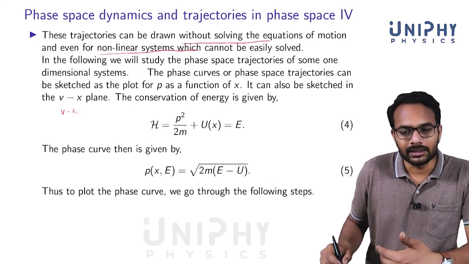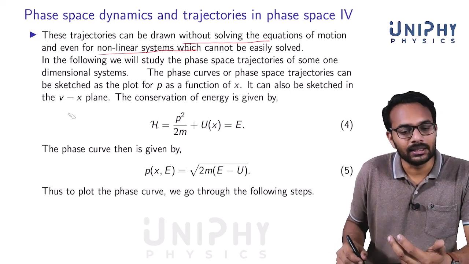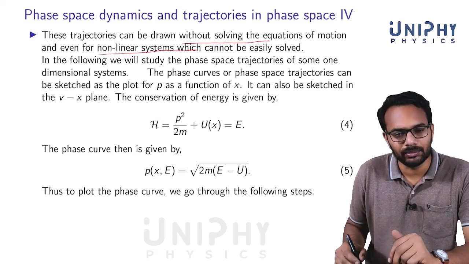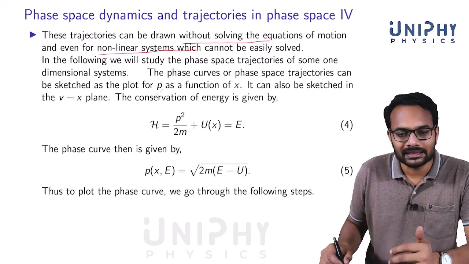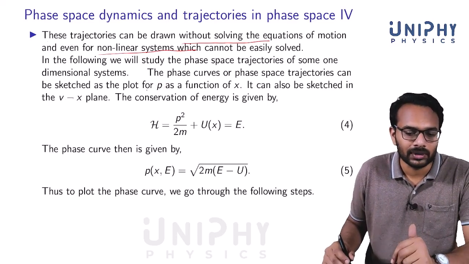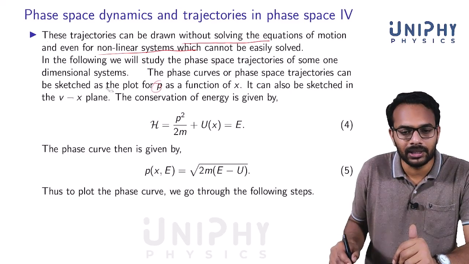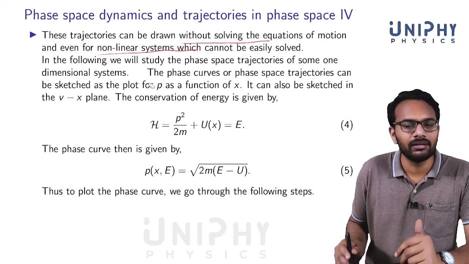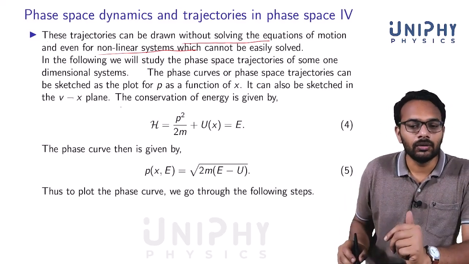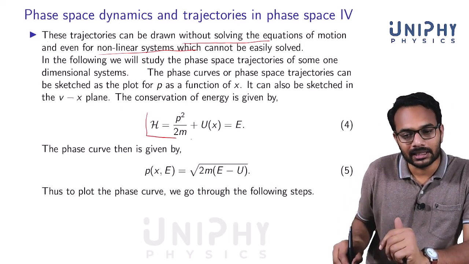So either it's in the p-x plane or the v-x plane. In both cases the qualitative behavior is the same, because for the cases that we'll discuss, p and v are related by a constant m. So whether you take p or v, the qualitative behavior in most cases will remain the same.